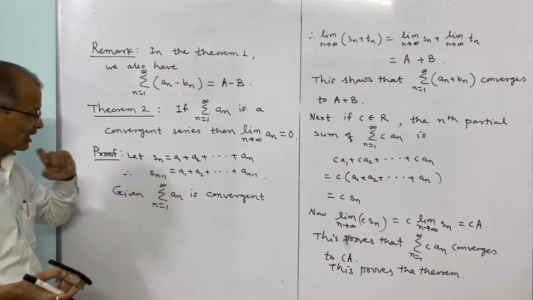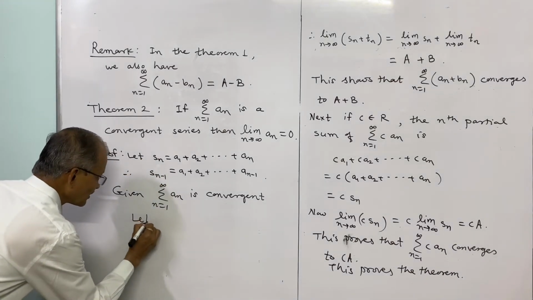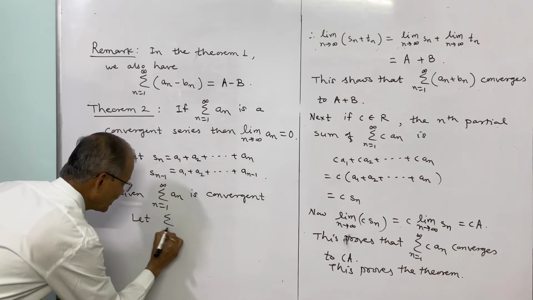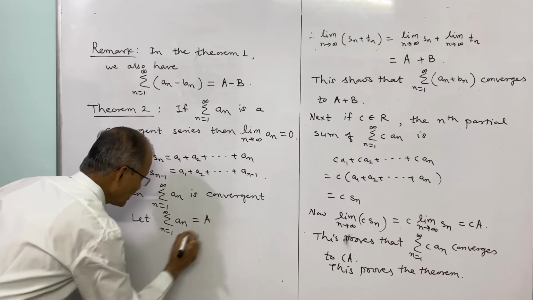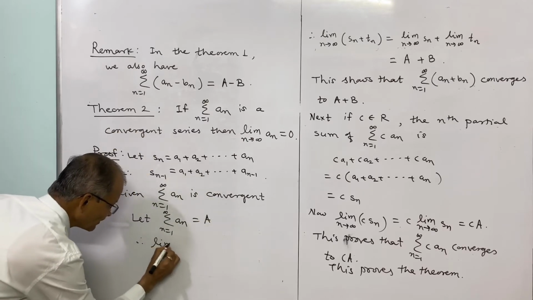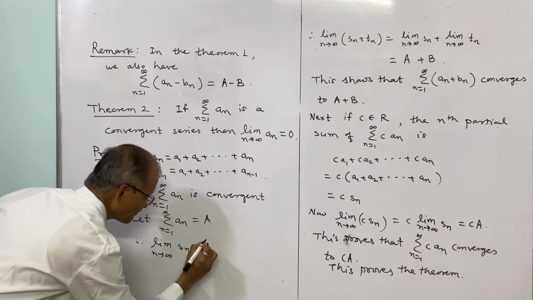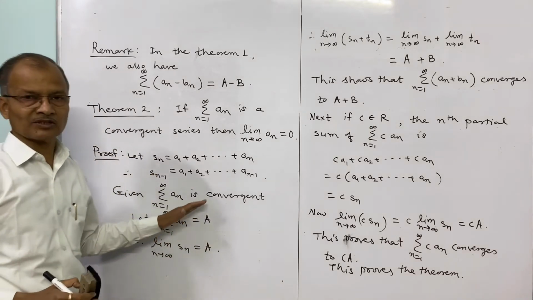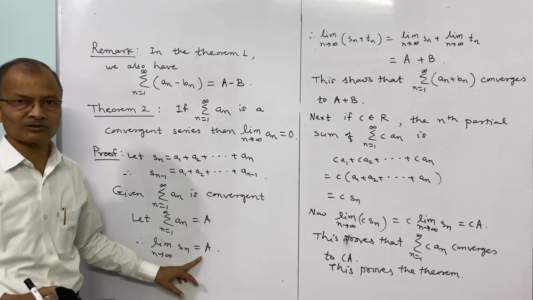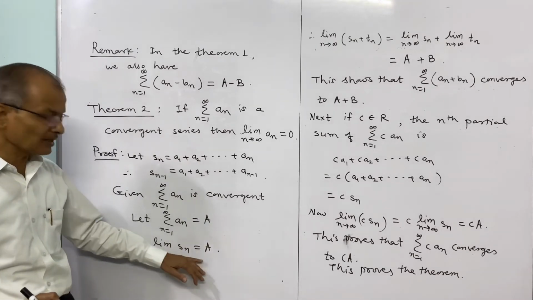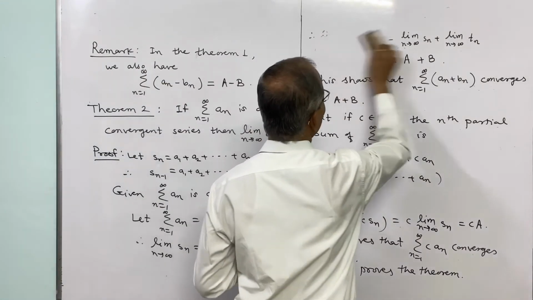Suppose it converges to A. Let sigma of An as n takes value from 1 to infinity be equal to A. Therefore the limit of Sn as n tends to infinity is equal to A. That is by definition: if the series converges to A, the sequence of partial sums also converges to A. And if the limit of Sn is A, what will be the limit of Sn minus 1?